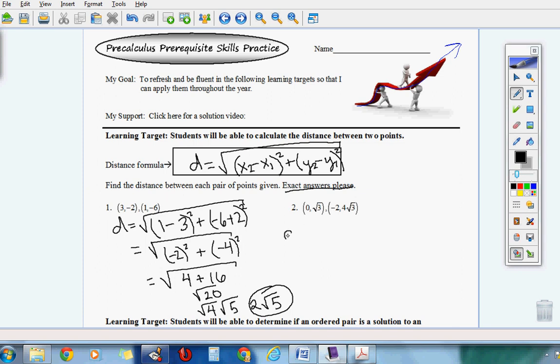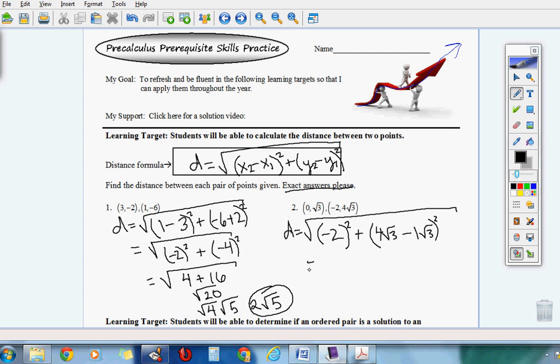Okay, second one here, we have some radicals actually in the problem, so this will be a good review. So what we'll do is the distance is equal to x2 minus x1, so that'll be negative 2 minus 0. Well, minus 0 is just going to be negative 2, so you have to square it. And then we're going to have plus 4 root 3, I'll write this one out, minus 1 root 3, quantity squared.